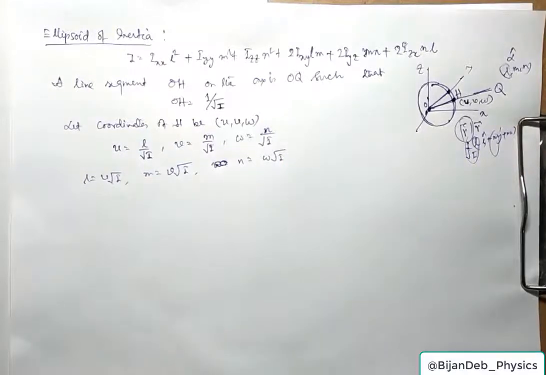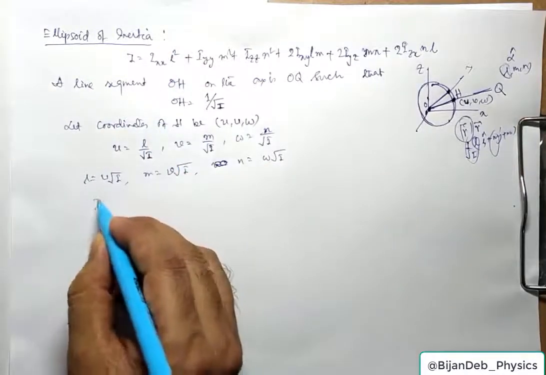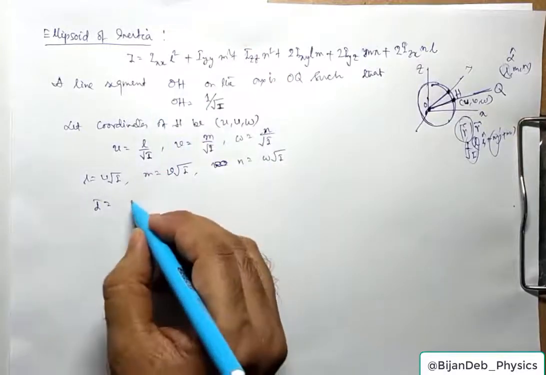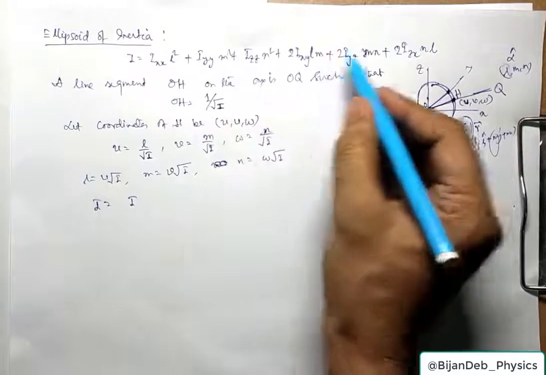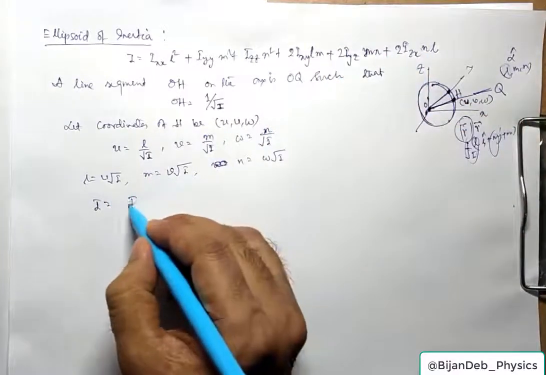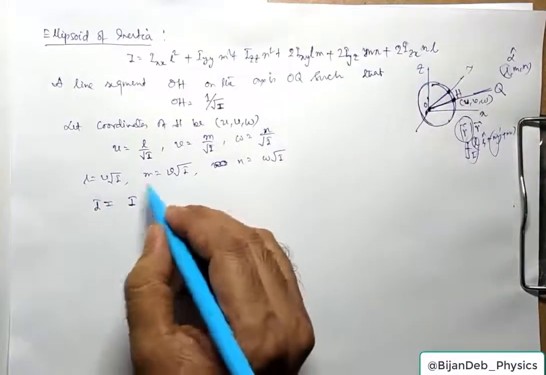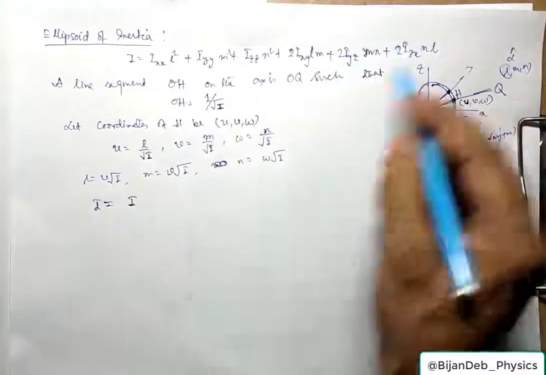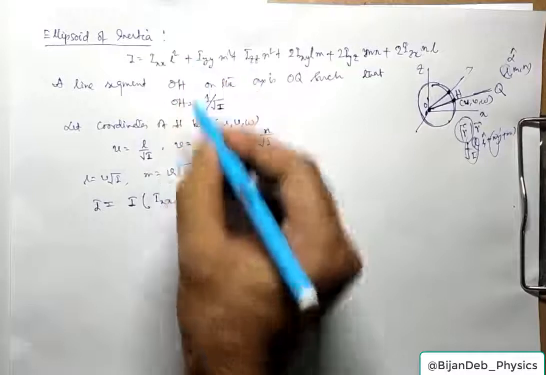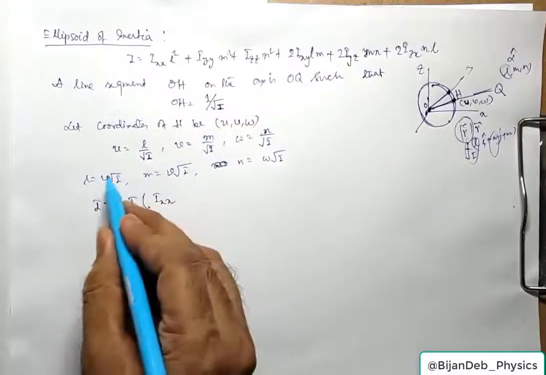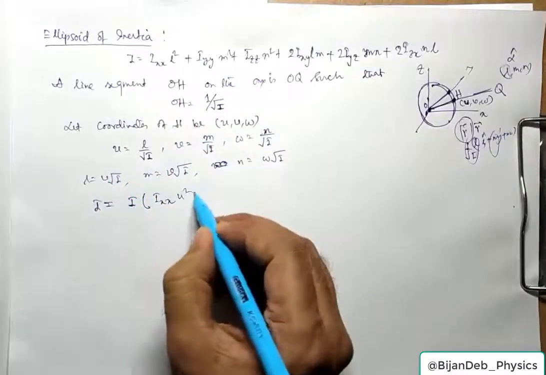So you modify this. Now you put this in the equation. L square, m square, n square, lm all will have root I, so two factors of root I will be in every term. So I take I common. The rest of the things: Ixx l square will be U square I, so it will be U square.